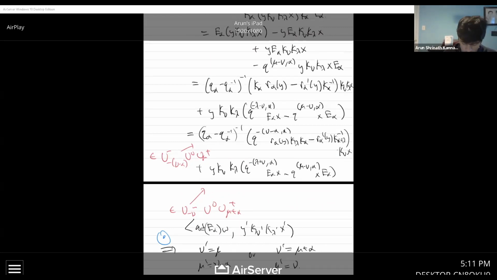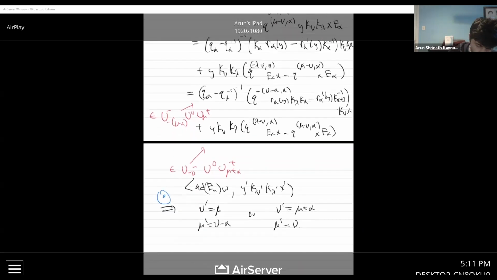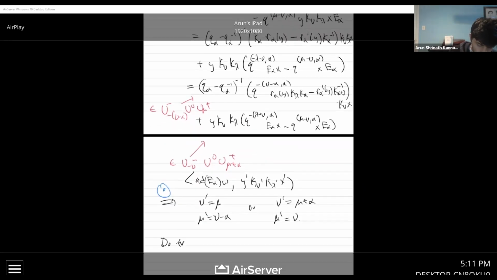Okay, so you just basically reduce it to a much simpler case, and then you can do the same thing for the other side, which is w paired with add S of E alpha acting on w prime. And you get the same thing, and then a direct computation, which is left as an exercise, can show that they're equal.